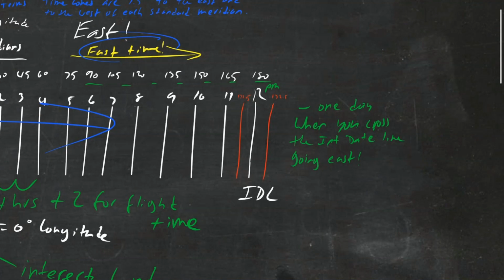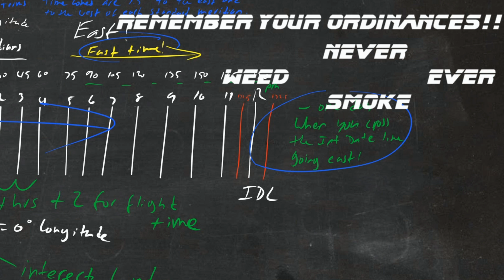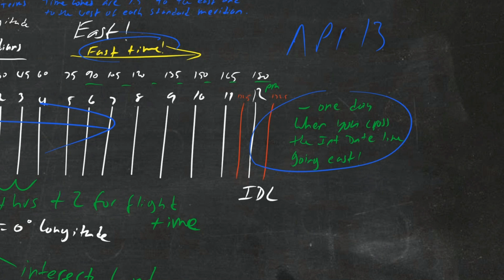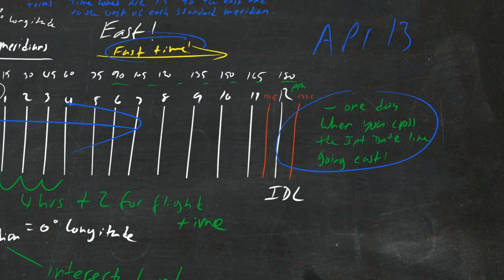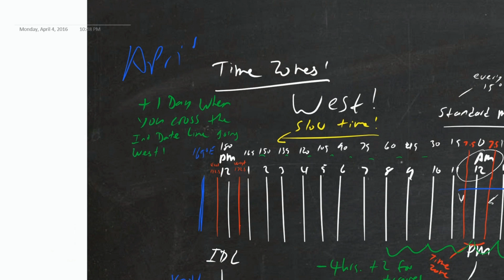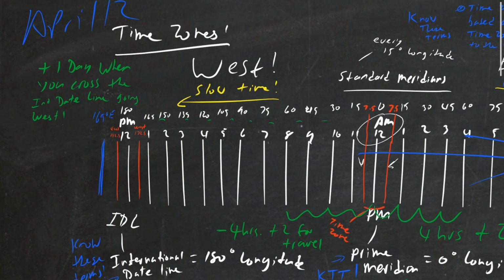But when you cross over the international date line, you are going to subtract 1 day when you cross the international date line going in the direction of east. Now, if it's let's say April 13th over here, then when you cross the international date line, it is all of a sudden going to be April the 12th.